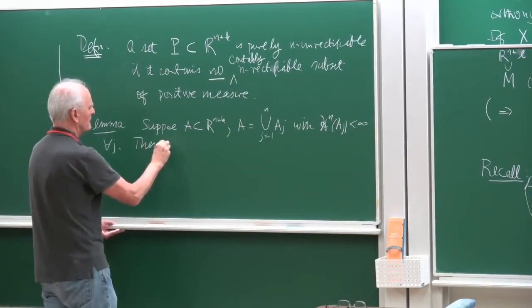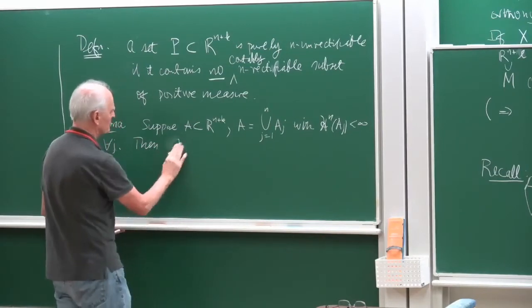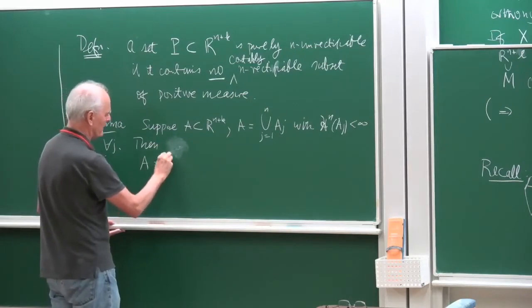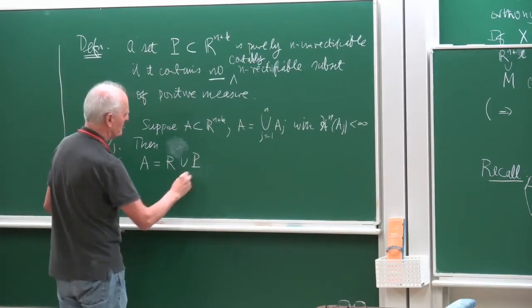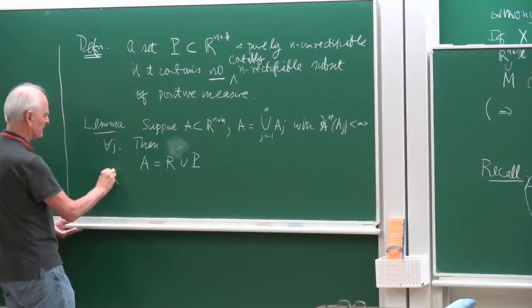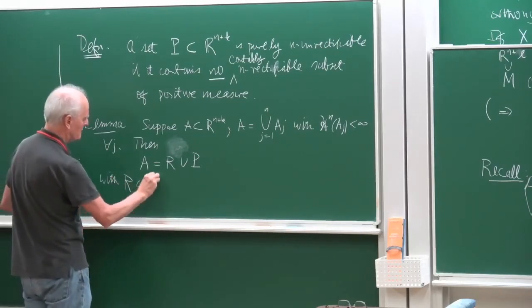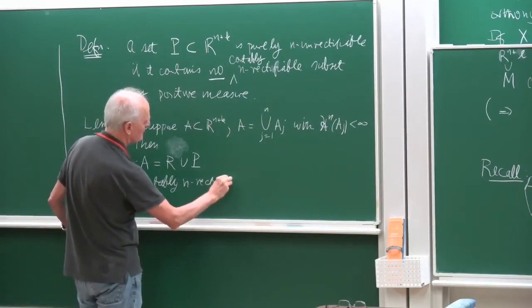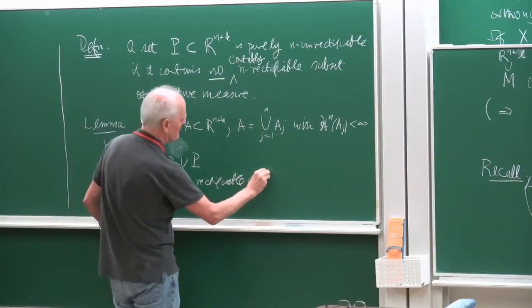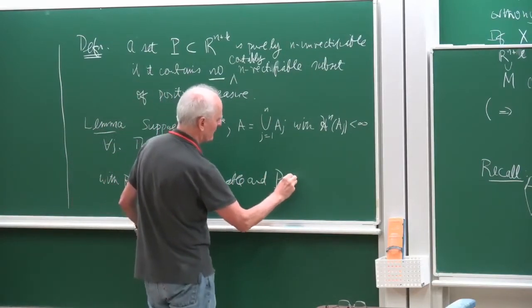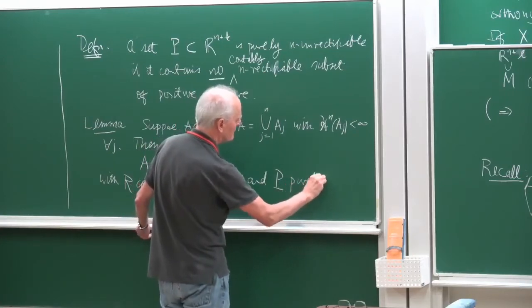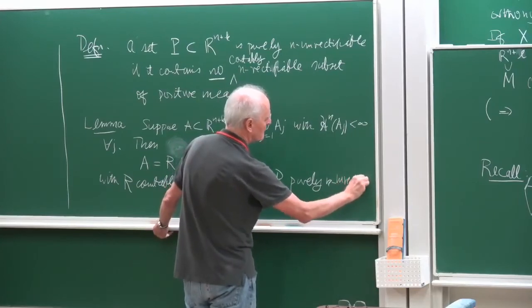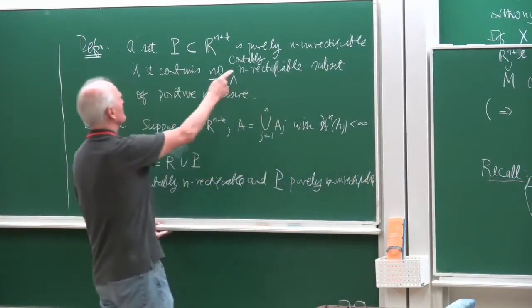Then you can write A as R union P, with R countably n-rectifiable and P purely n-unrectifiable, in accordance with this definition here.